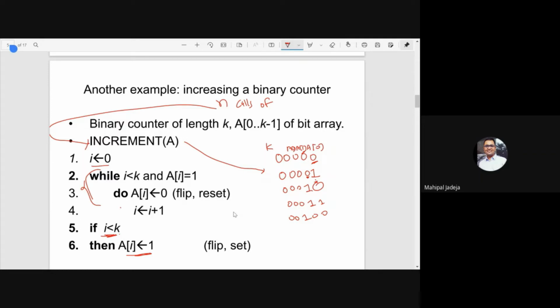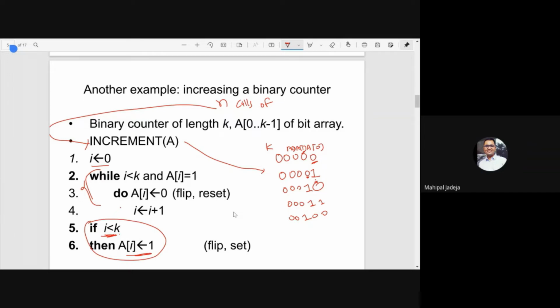So how many bits are we converting to 1 in every iteration? Exactly 1. You can check here, because this will be executed for sure, except for the case where all the bits are 1, then we can't perform this. Otherwise, we are going to set 1 bit for sure.